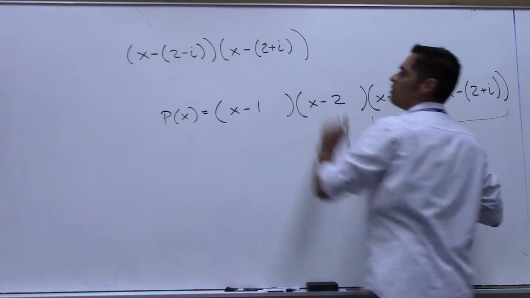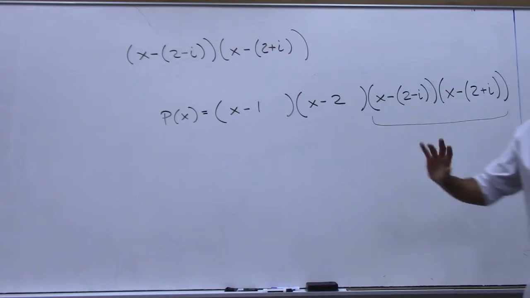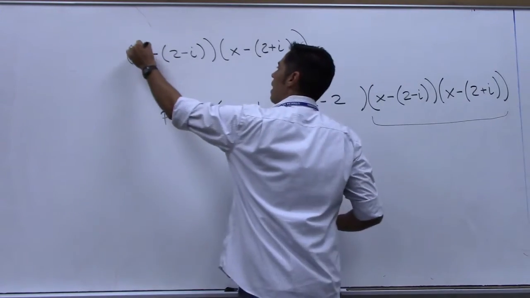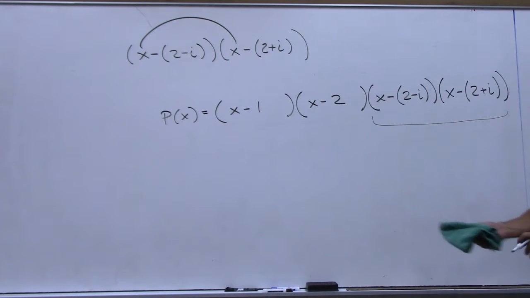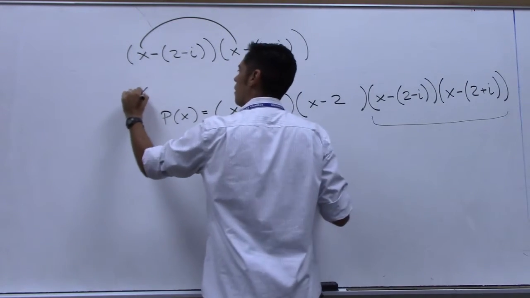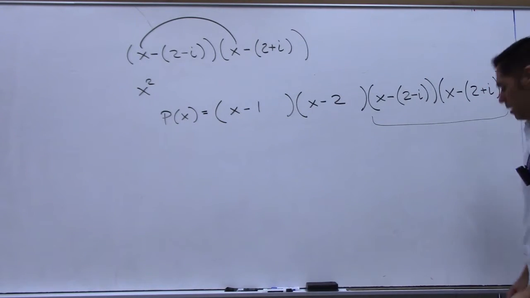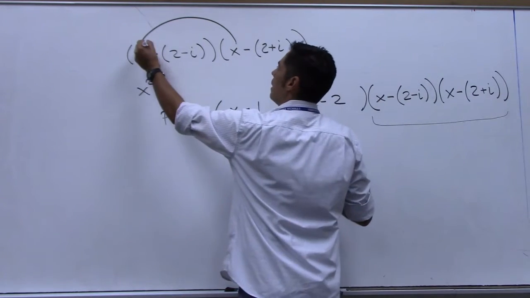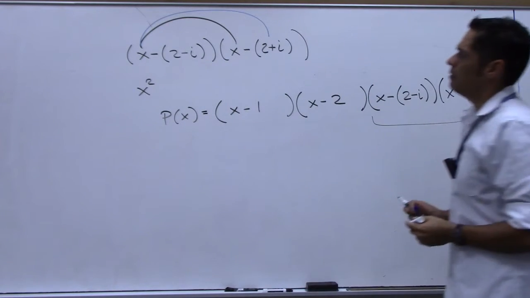All right, so I'm going to multiply those two together, just these right here. So let's try this, because we've never done this before as a class, right? We've never actually gone through this. I'm going to do x times x first. That's the easiest one, right? x squared. All right, now think about this. When you do the next multiplication, it'll be x times that, right?